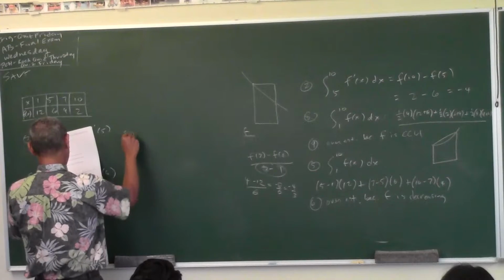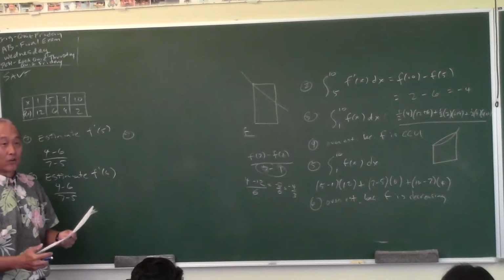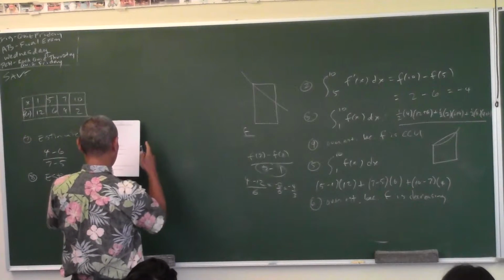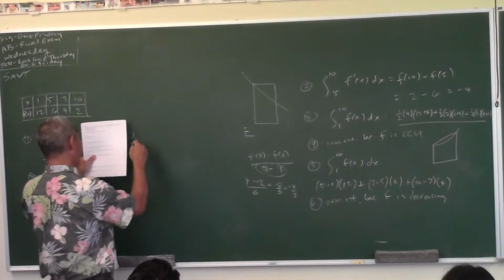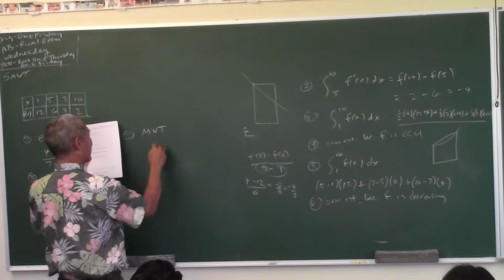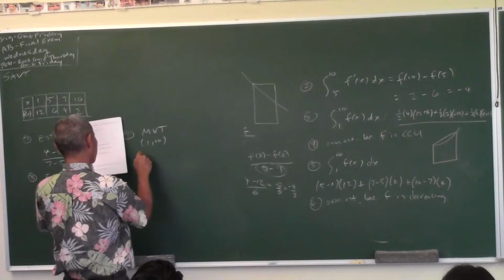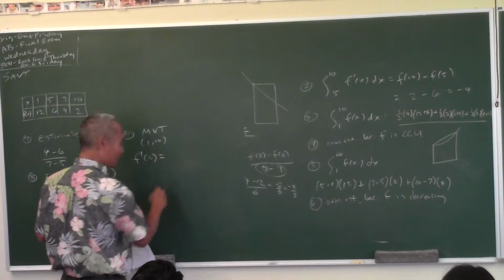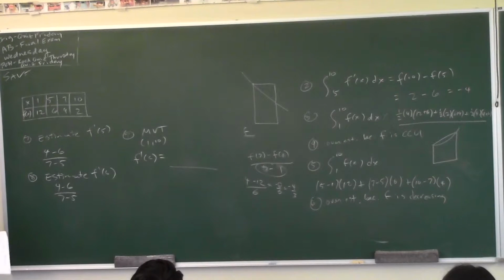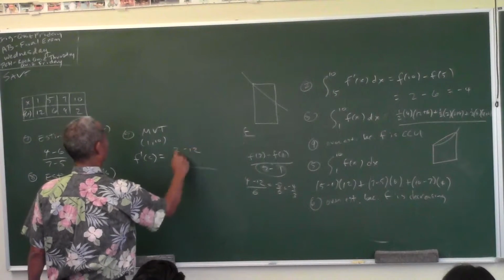According to the mean value theorem, there is a value of c on the interval from 1 to 10 such that f prime of c is equal to what? 2 minus 12 over 10 minus 1.